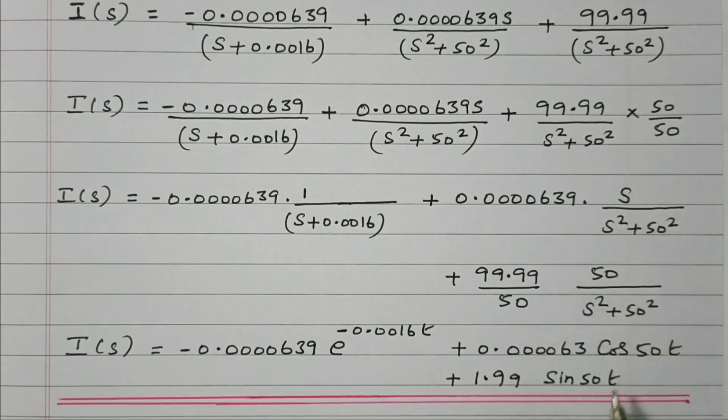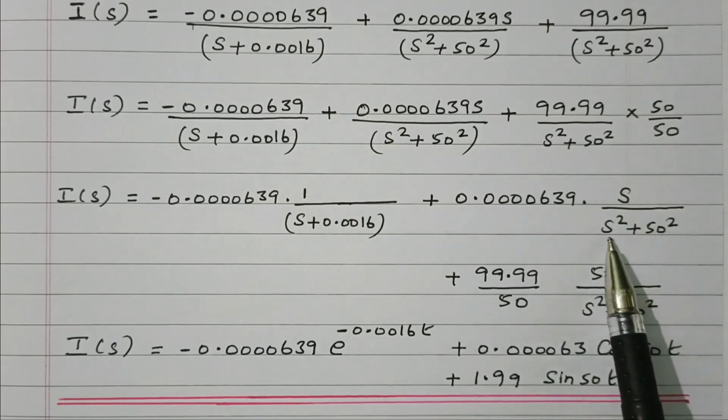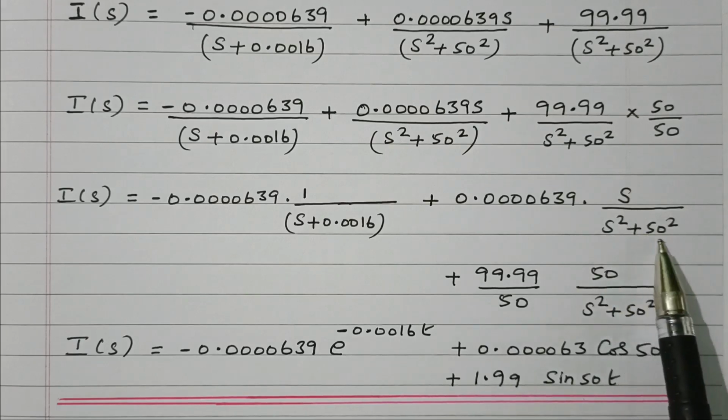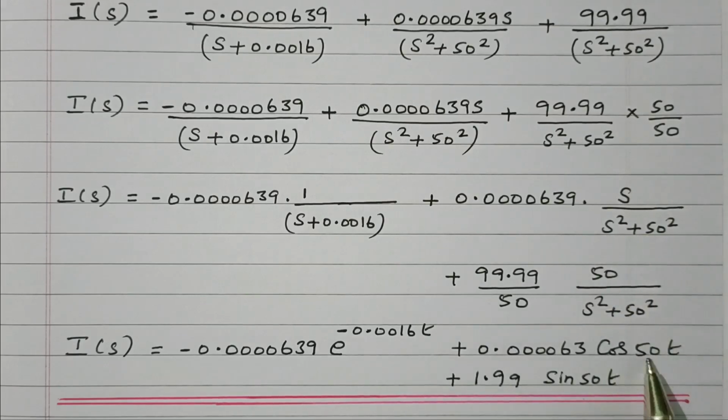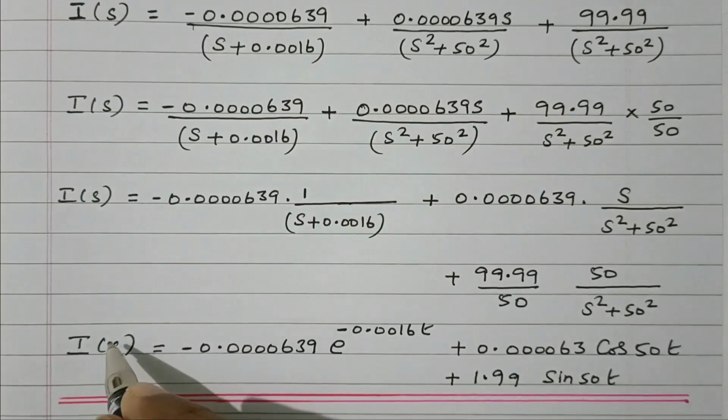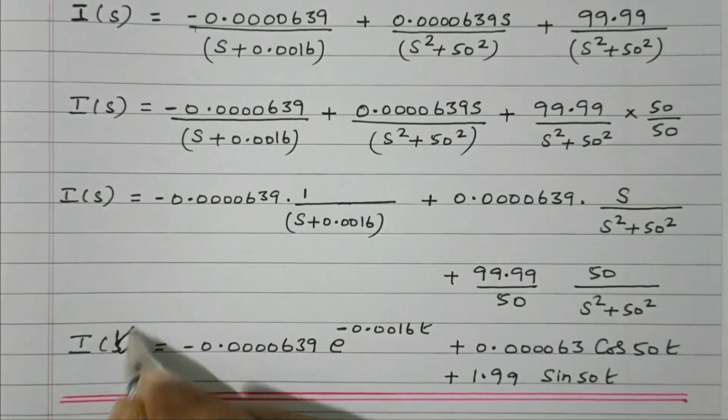Right. These two are standard form. S divided by S square plus omega square is nothing but cos omega t. Omega divided by S square plus omega square is sin omega t. Omega is 50. So this is the final transient expression for transient current. Right. So this is nothing but I of t. Now it is converted into I of t.